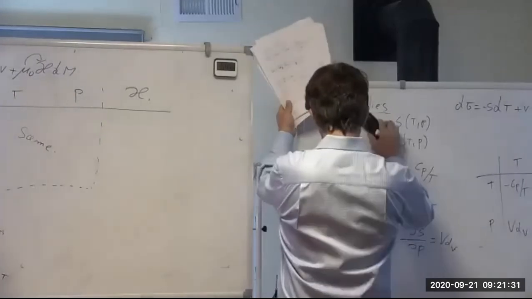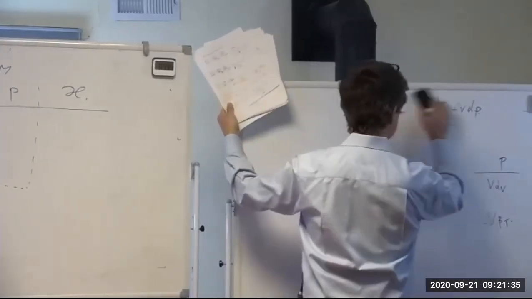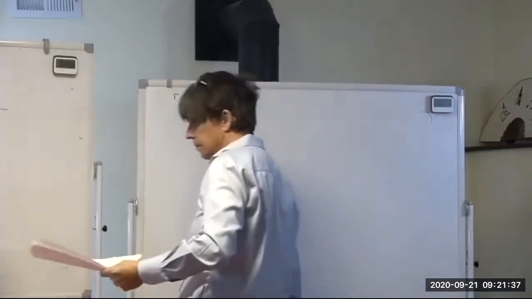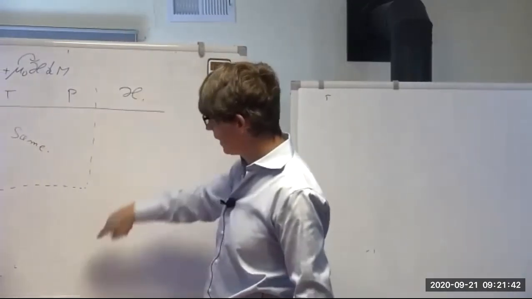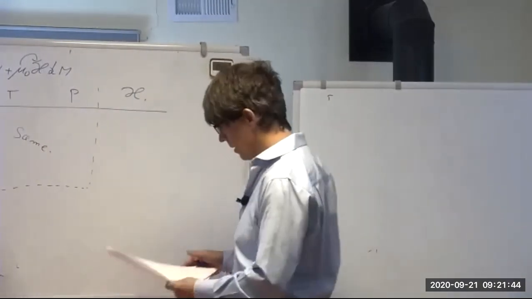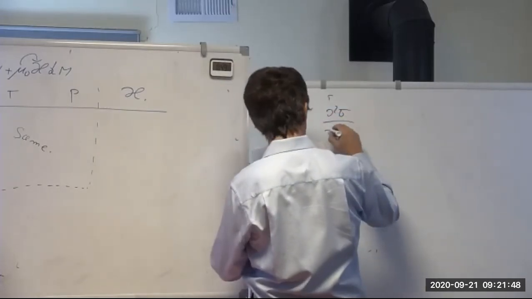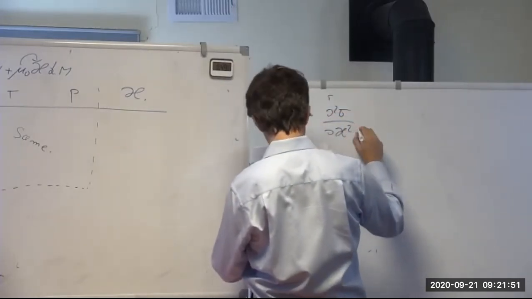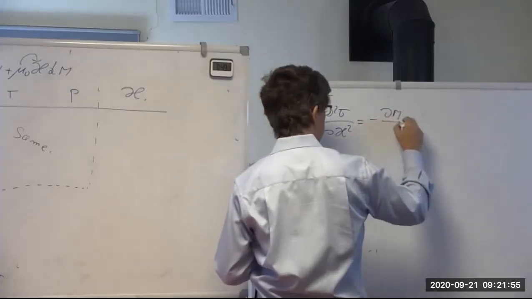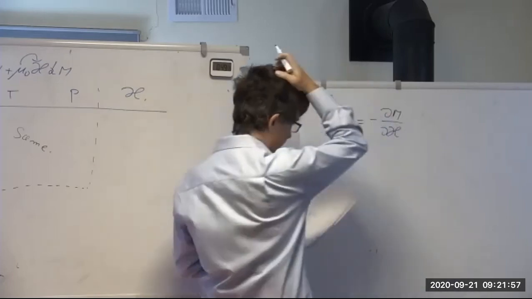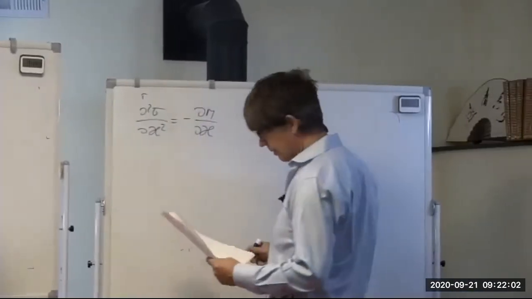So let's do the last property, which is d squared g with respect to h and h again, right? It's the one that's going to come here. So d squared g dh squared. This is going to be minus dm dh. And dm dh, that's susceptibility, right?